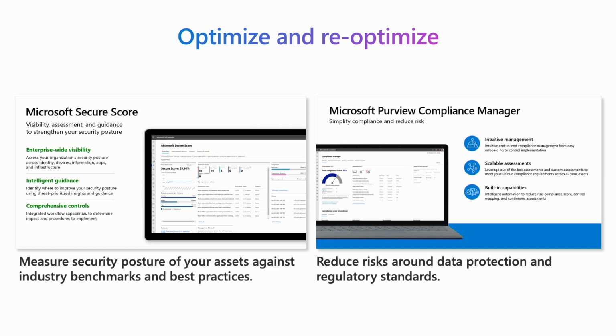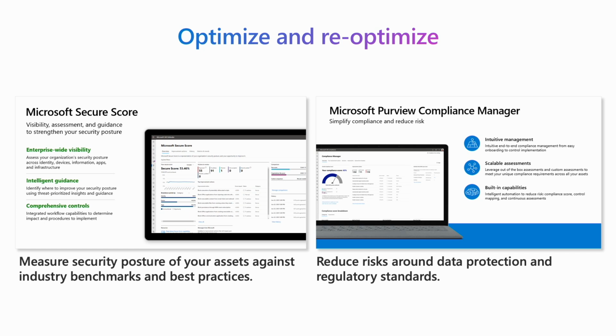Next, we need to optimize and re-optimize. Microsoft Secure Score and Microsoft Purview Compliance Manager are the assessment tools to measure the security posture of your assets across identities, devices, apps, and data, and measure against industry benchmarks and best practices.